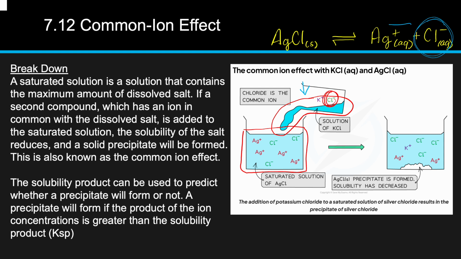And in this case, the reactant is my solid AgCl. So by adding in that solution with excess Cl- ions, I'm shifting my equilibrium back to the solid state, which is why AgCl is going to form when I add in that solution of KCl. And that is the common ion effect.